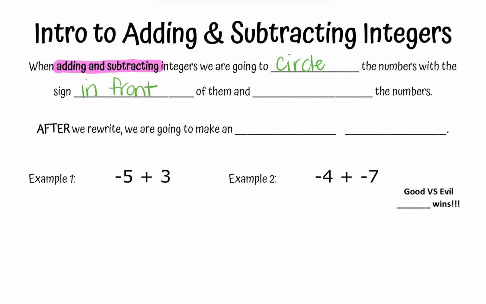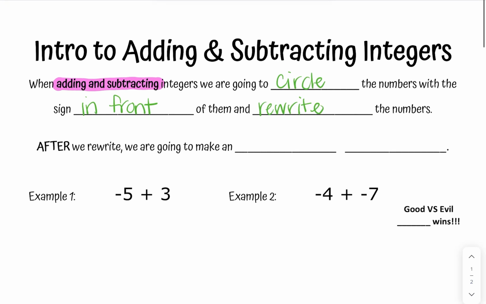Then we are going to rewrite our numbers based on the rules that we learned today. After we rewrite those numbers, we are going to make an integer table.